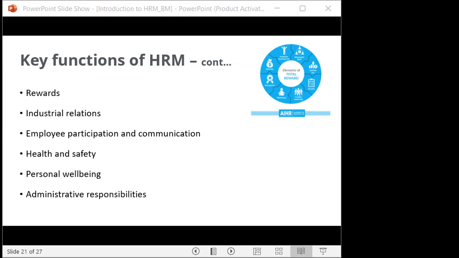These include personnel procedures of HR.